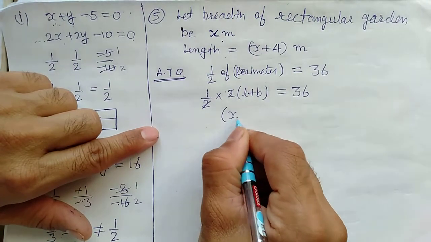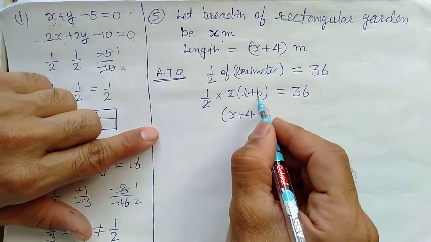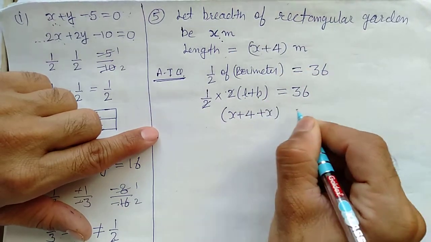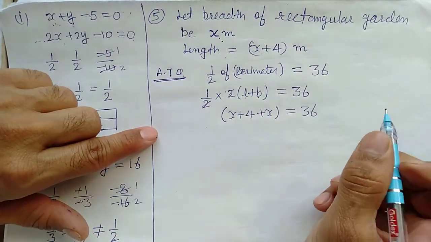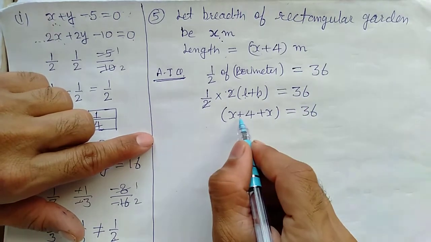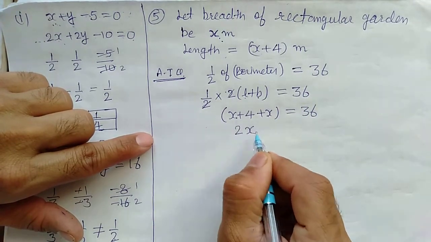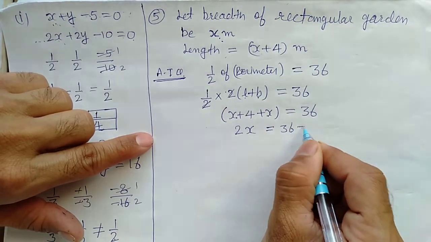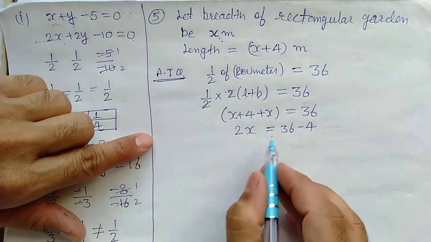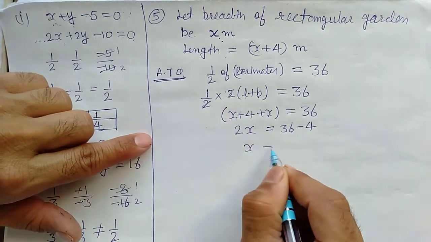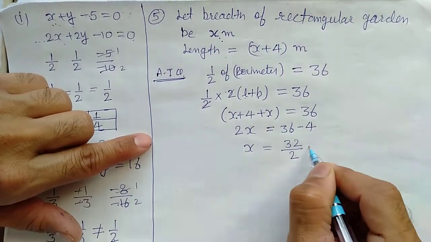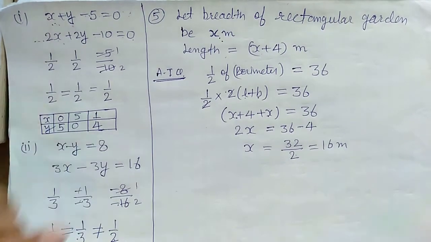So let's put the value of length, and then B, breadth, is x. x plus 4 plus x is equal to 36, right? x plus x equal 2x, and by transposing we can take 36 minus 4. 36 minus 4 equal 32, so x will be equal to 32 divided by 2. So this will be equal to 16.